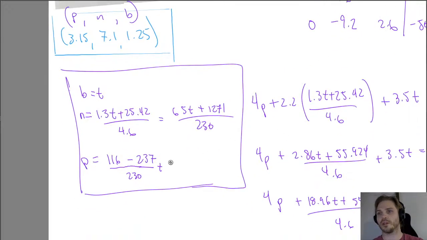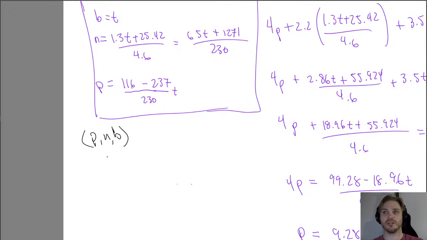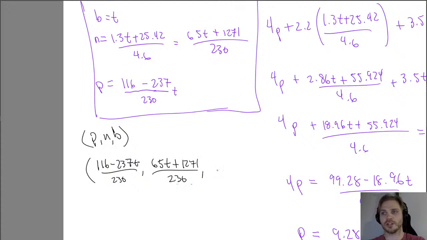But our solution should take the form of a point, P, N, B. The solution to our thing is going to be this point: 116 minus 237t over 230, comma, 65t plus 1271 over 230, comma, t.